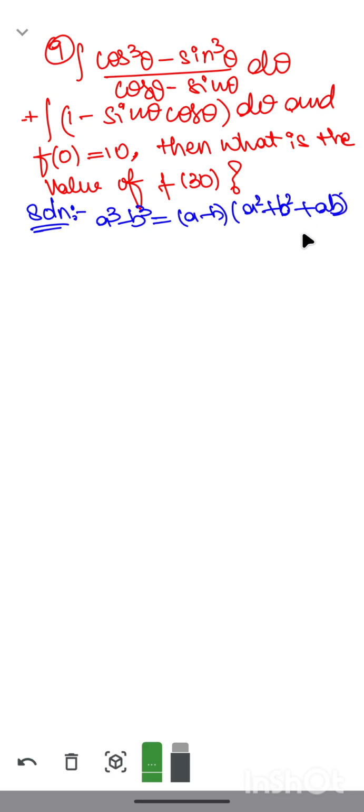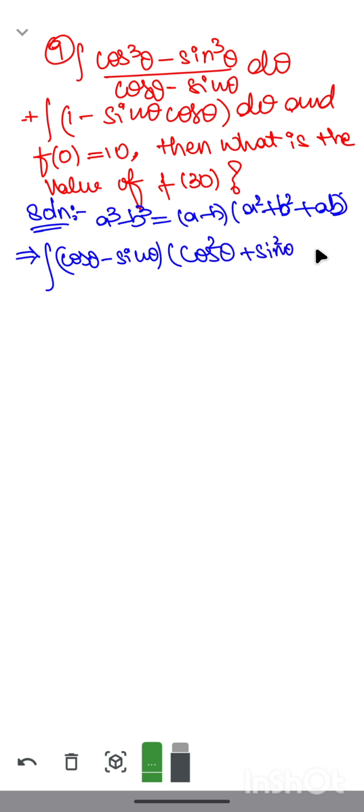Using this formula, the given question can be rewritten as the integral of cos cube minus sin cube, which is nothing but (cos theta minus sin theta) into (cos square theta plus sin square theta plus cos theta sin theta) into d theta, whole divided by cos theta minus sin theta.